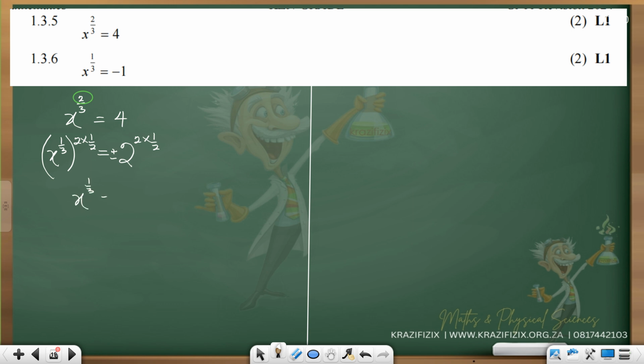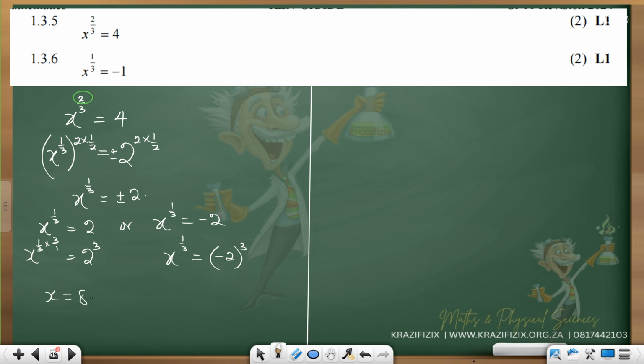So this is plus or minus 2, which means x to the power 1 over 3 equals 2, or x to the power 1 over 3 equals negative 2. Now what do I do? I multiply by 3 over 1, and x will be equal to 8, or x equals negative 8.